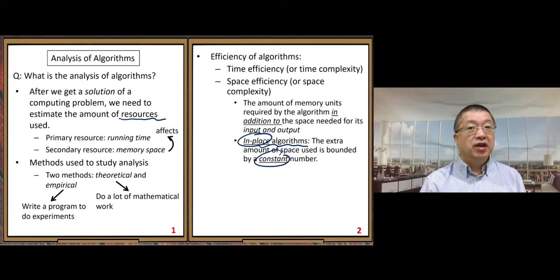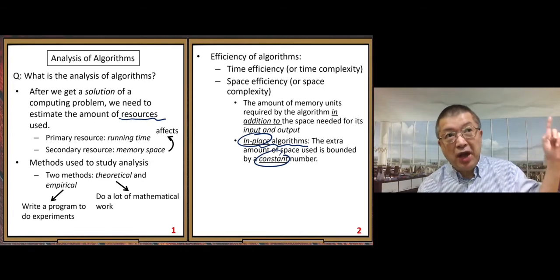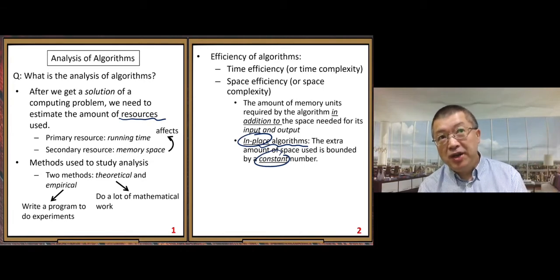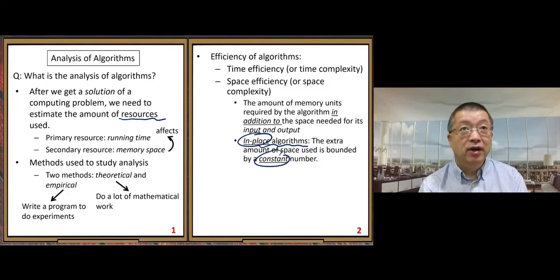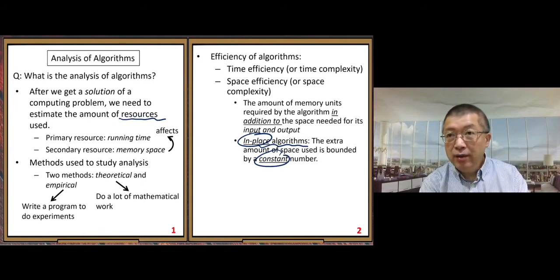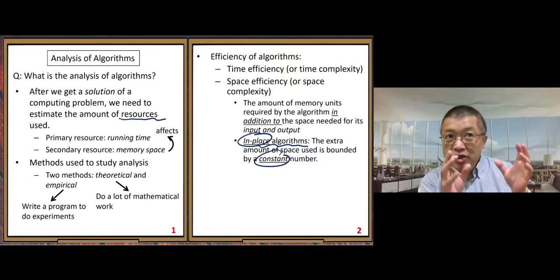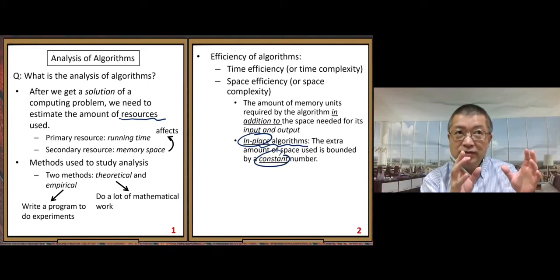You can think about the selection sort we just did. Do you think it's in place or not? Because it relies on finding the minimum. When we work on the minimum problem, is that an in-place algorithm? Yes, because the extra space you used is constant: one location.